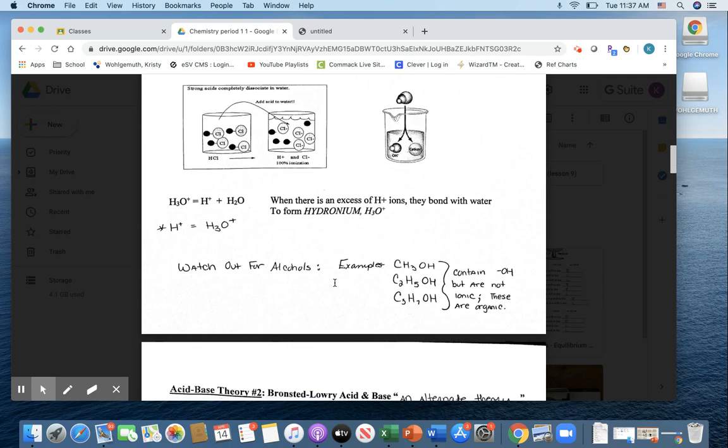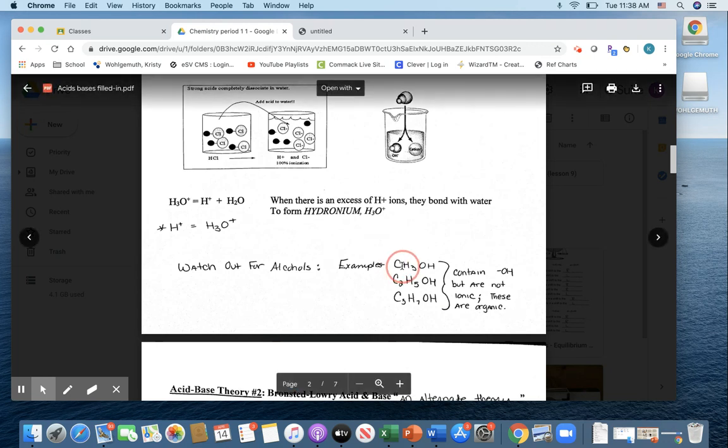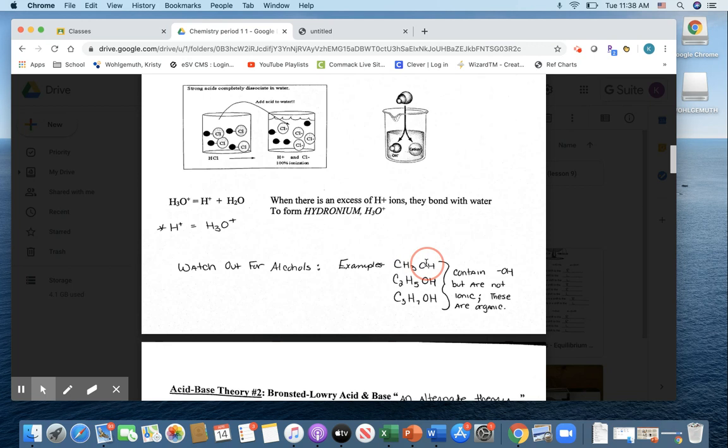One thing that you want to be very careful of, when you're identifying a base, be very careful for alcohol molecules. They have OHs in them. Okay, that is typical for an alcohol, but they're not ionic. These are organic. Okay, they have nonmetals bonded to the hydroxide.